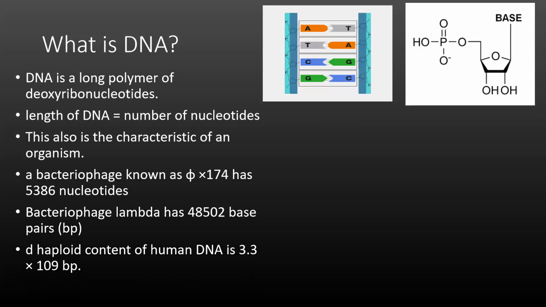It is not 10 to the 9 only, it is 3.3 into 10 raised to 9 base pairs. And E. coli is 4.6 into 10 raised to 6. This E. coli is present in your digestive system, which helps to digest the food.